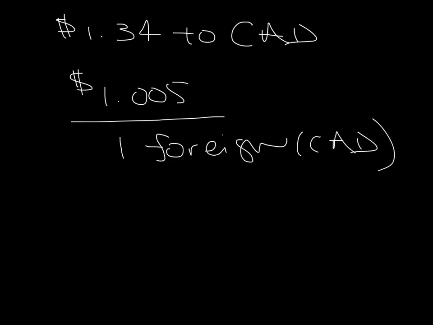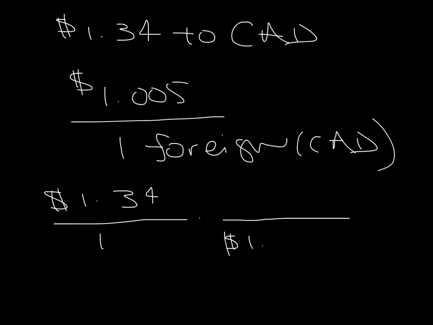So let's see if we could use that one. If we have $1.34 and we put it over 1, just like we did everything else in class, we need to have the dollars on the bottom. So we could put $1.005 and 1 Canadian, like that, if we wanted to.